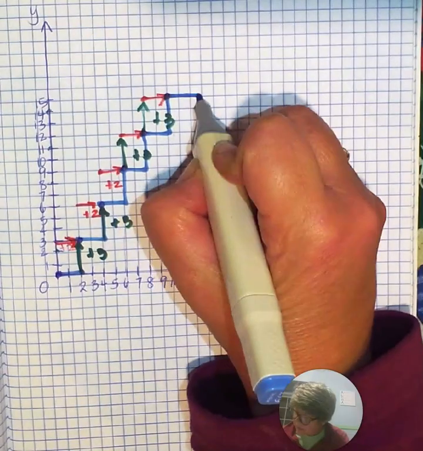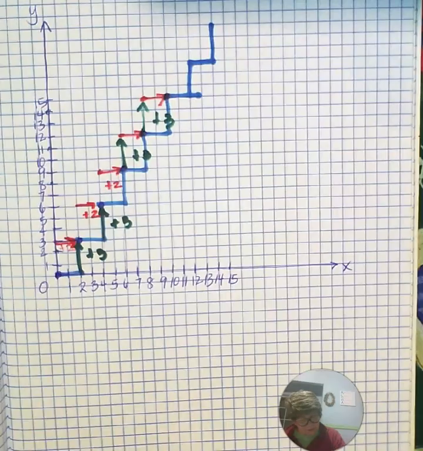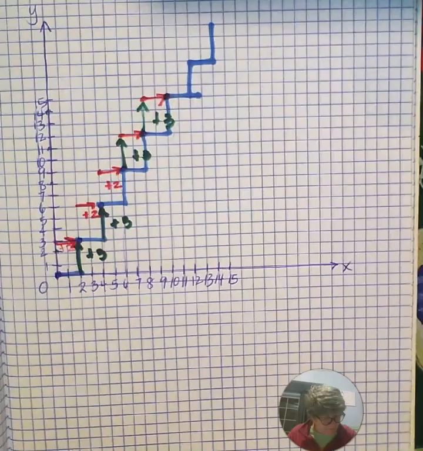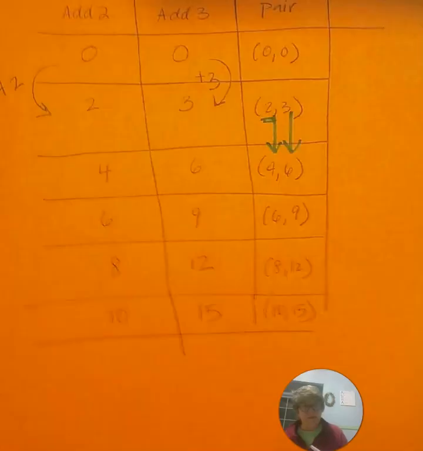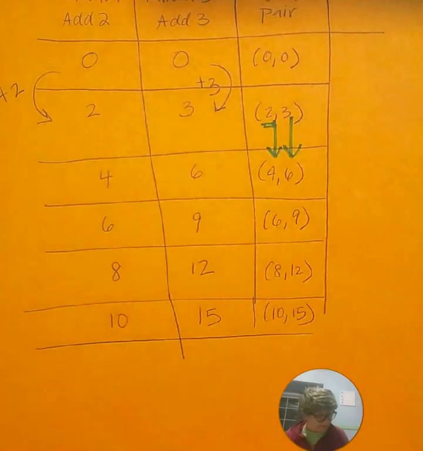Across 2 and up 3, across 2 and up 3. Oh, that's pretty cool, isn't it? Okay? So not only do we have a pattern on our chart, but we also have a pattern on our graph. And we saw that corresponding pattern to our patterns A and B and our ordered pairs. All right?